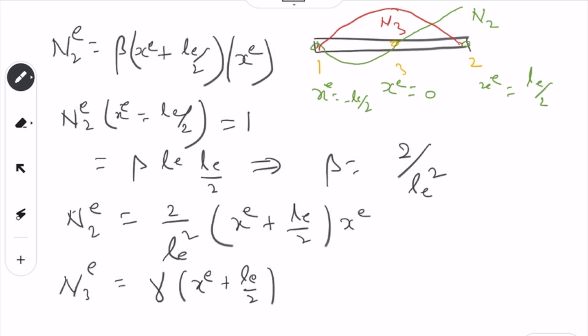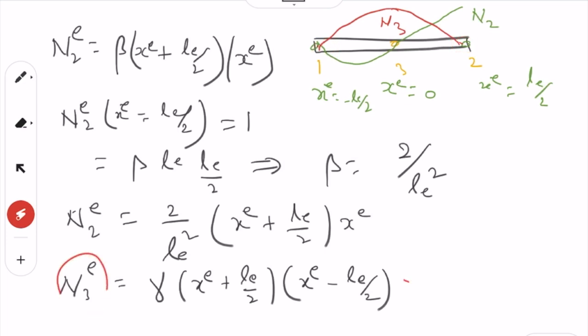Okay, this is the first factor. The second one is xe minus Le over 2. So two of them, this is 0 here, 0 here, so if you make this equal to 0, we will get xe equal to minus Le over 2, or x equal to Le over 2. So these two points will be the roots, and hence you get that.